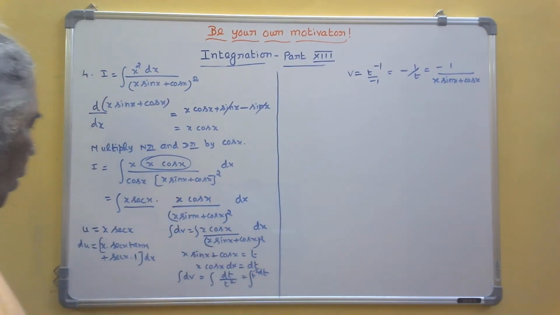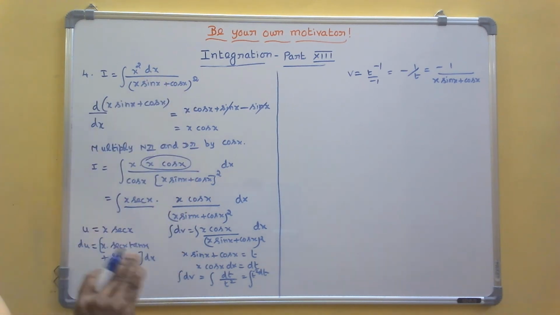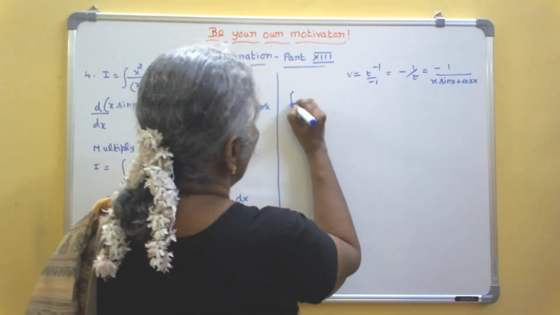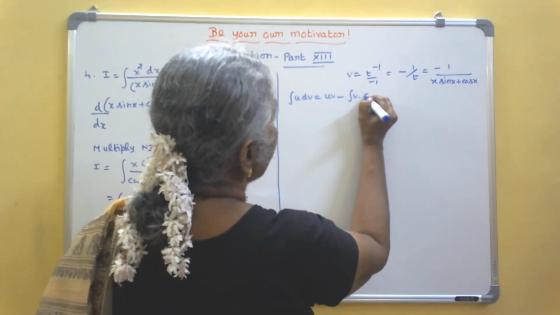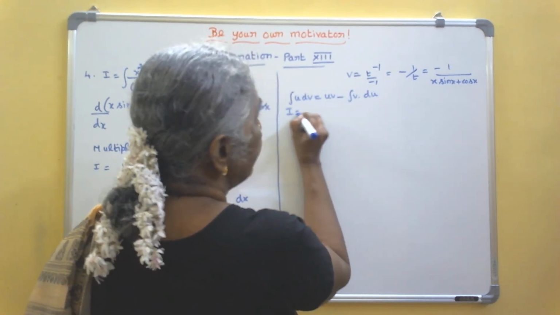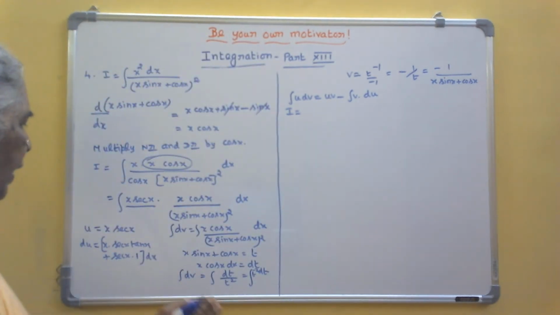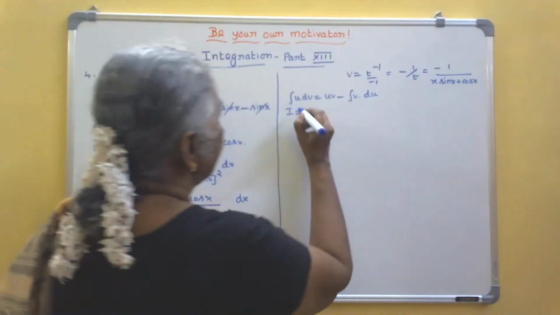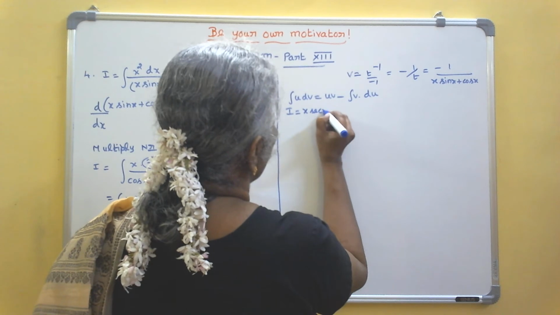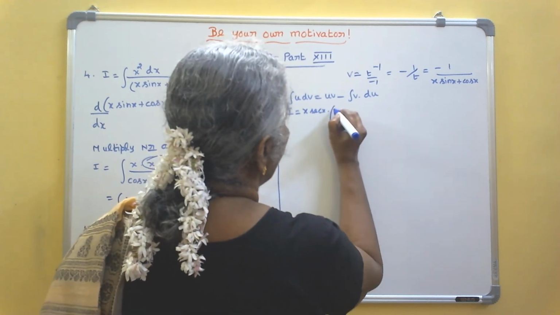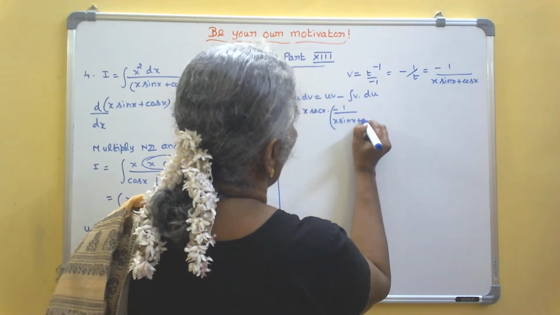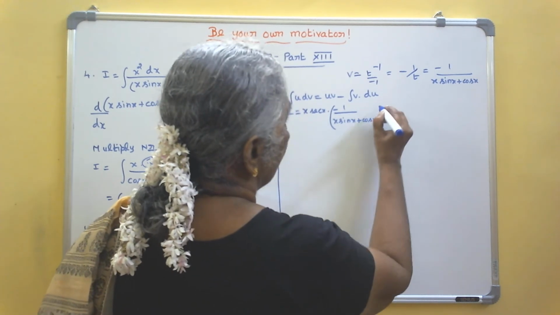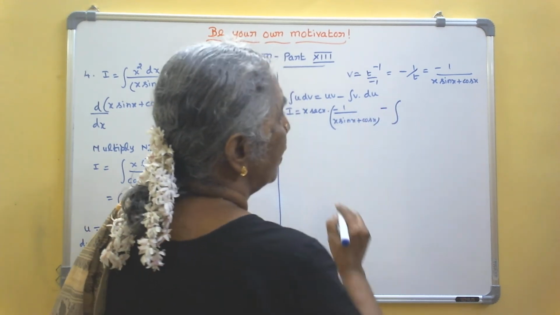So now you have got the du, you have got the v. Let us write the formula. Integral u dv is equal to uv minus integral v du. This is I. Then uv, what is u? U is x secant x. V will be minus 1 by (x sin x plus cos x) minus integral v du.